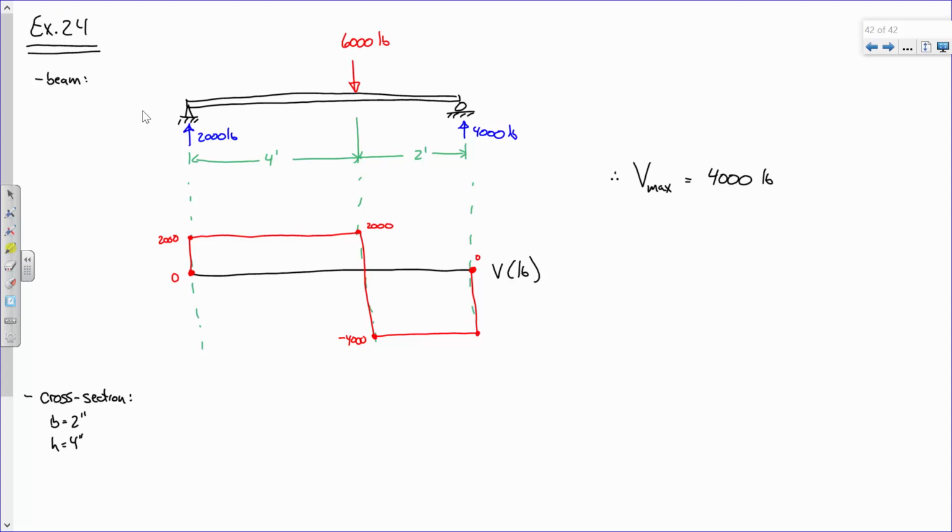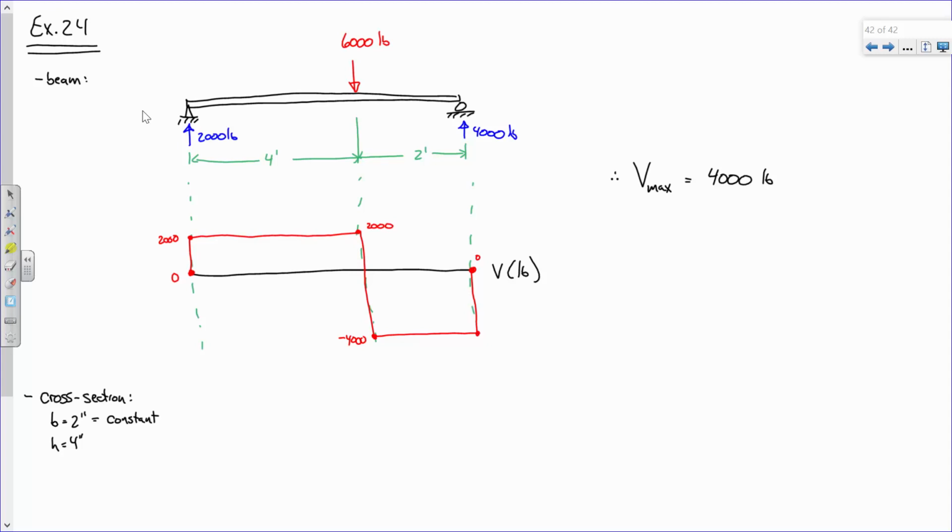The width of 2 inches is also constant, so that makes our shear stress computation pretty easy. Sound good?